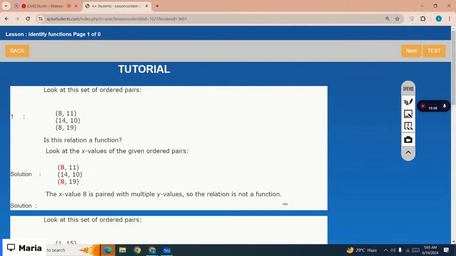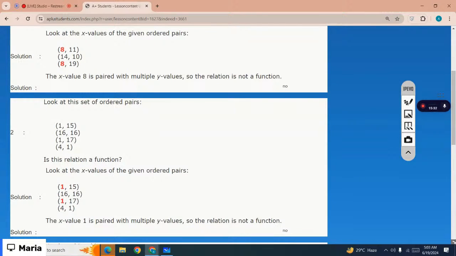Next example. Look at this ordered pair set: 115, 16, 16, 117, 411. Is this relation a function? Which is the correct option?